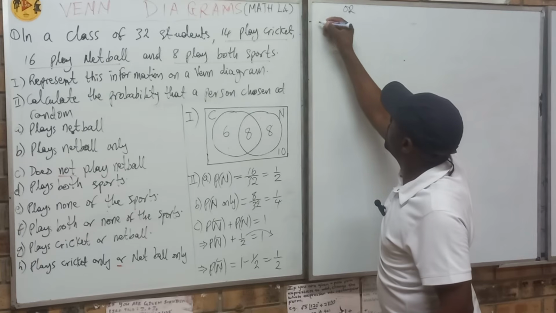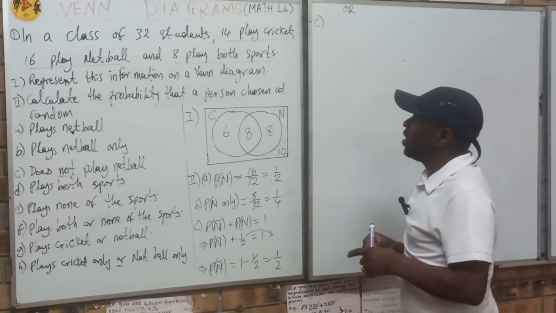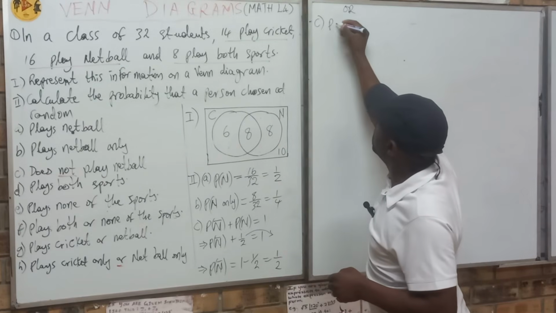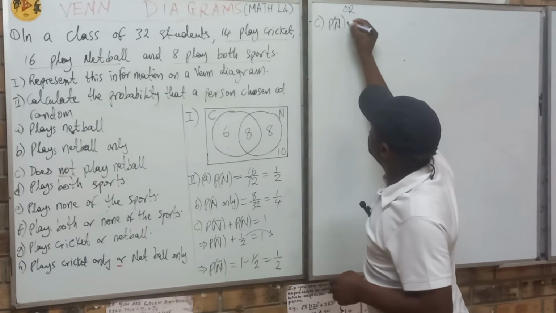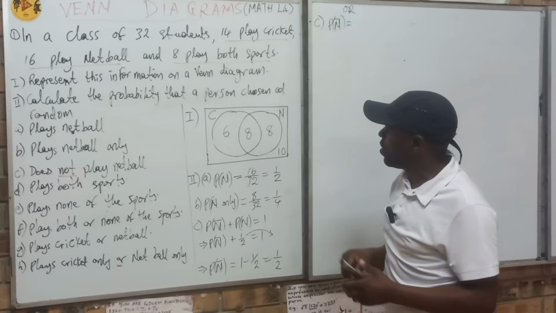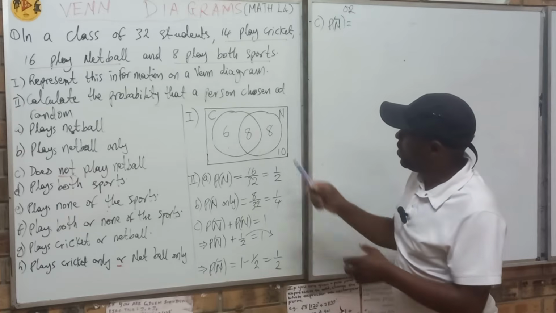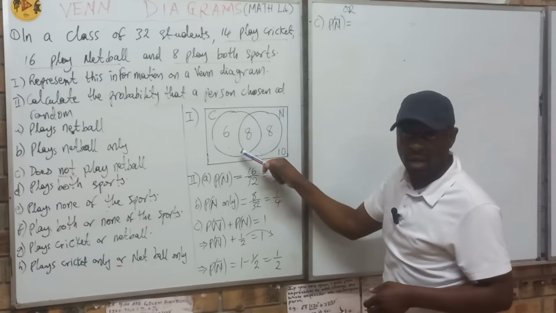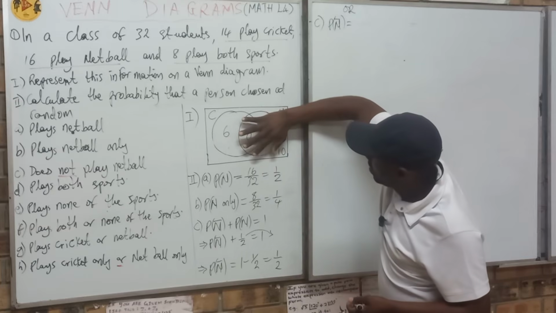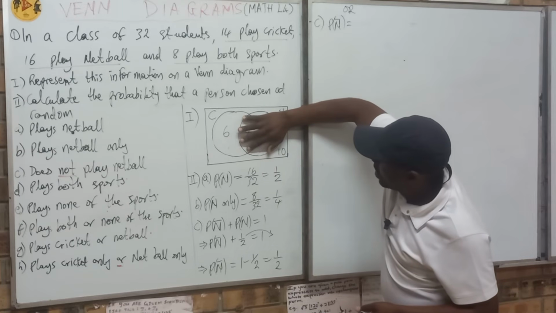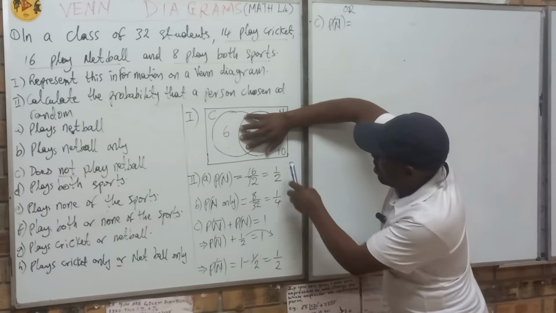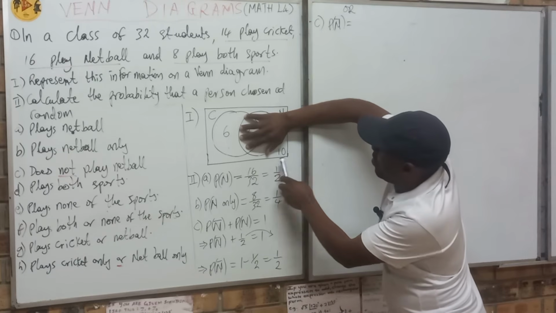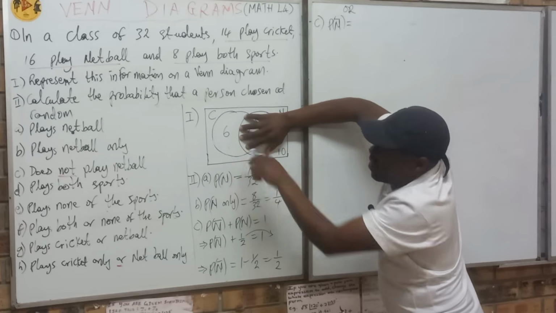There is also another option for those who understand their Venn diagram well. If you understand the different portions of the Venn diagram well, you can also calculate the probability of those who do not play netball by coming to the Venn diagram. You close up netball, you see how many are not playing netball. So if I close up the circle for netball, I'll be left with 10 who don't play any of the sport, and 6 who play cricket only.